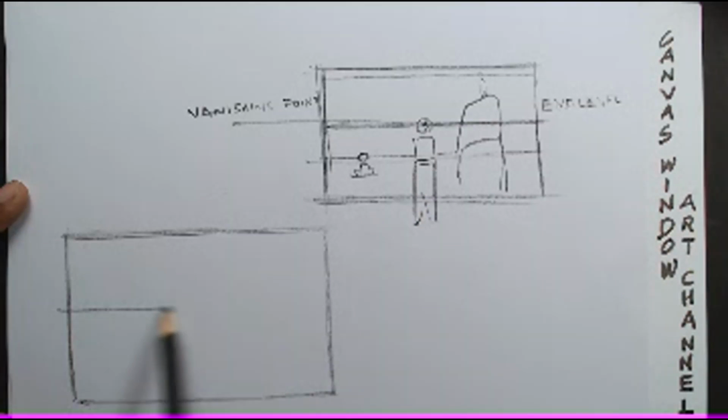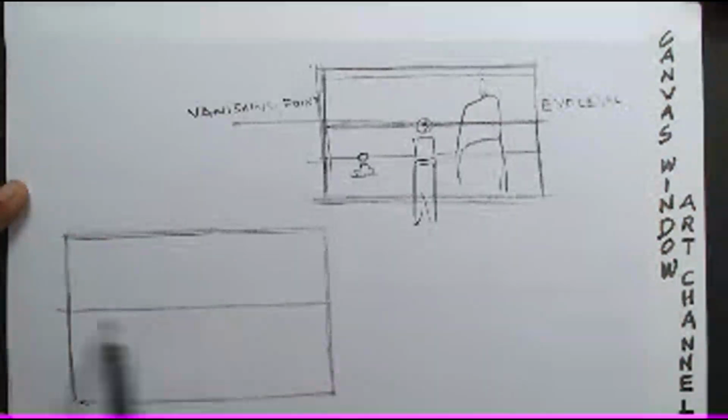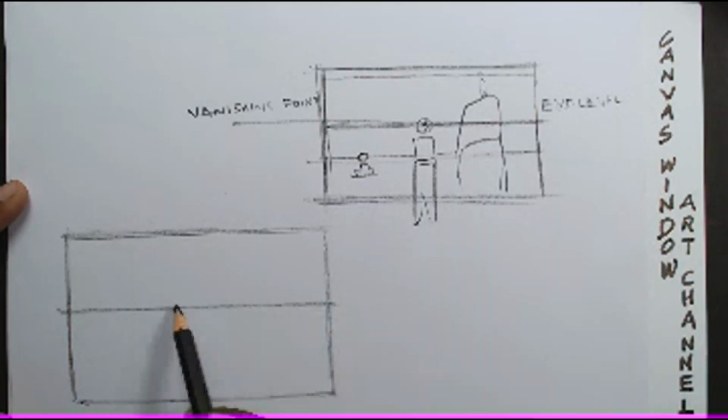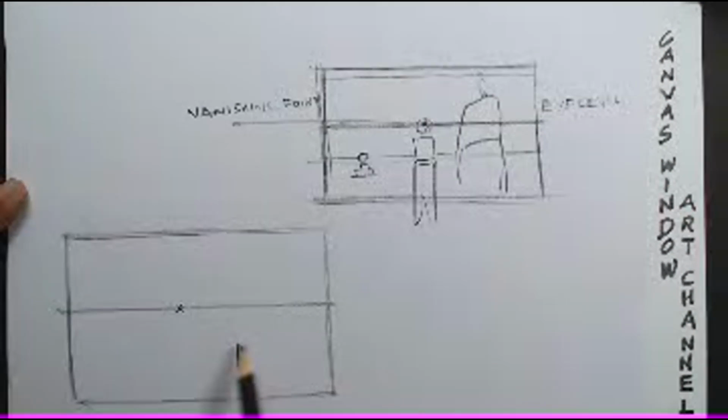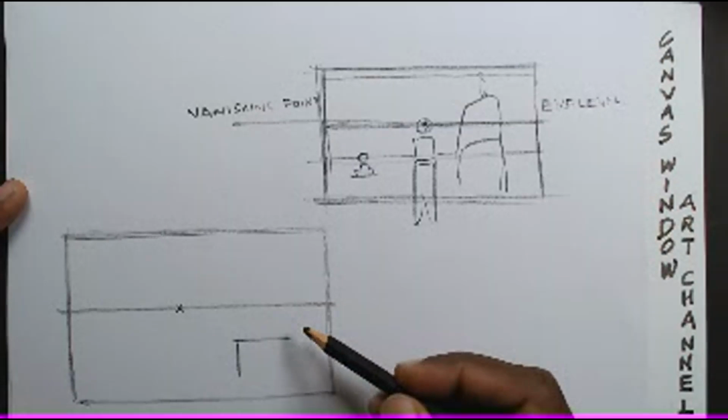You need to know about the eye level, so you have to start by drawing the eye level, place the vanishing point wherever you want, and try to understand with a cube and a cuboid initially. This is what I explained already in another separate video tutorial.